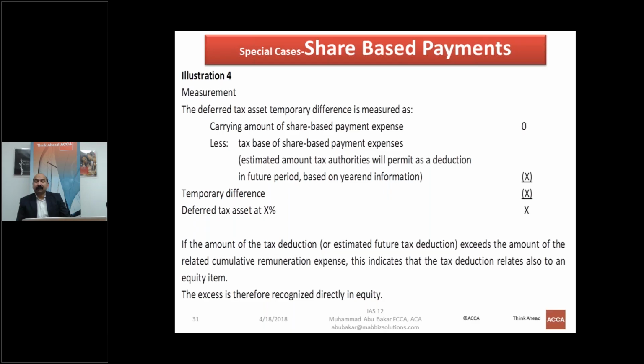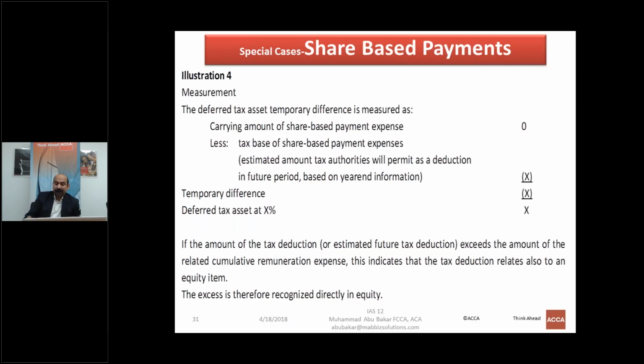If the tax deduction or estimated future tax deduction exceeds the amount of the related cumulative remuneration expense, this indicates that the tax deduction relates not only to the remuneration expense but also to an equity item. In this situation, the excess of the associated current or deferred tax should be recognized directly in equity.